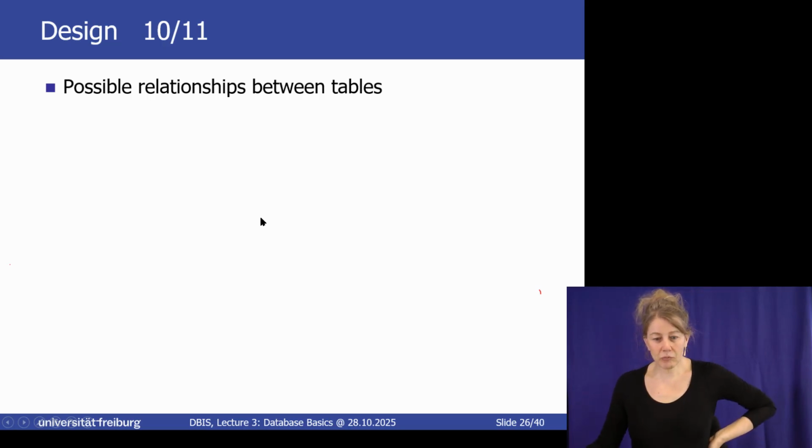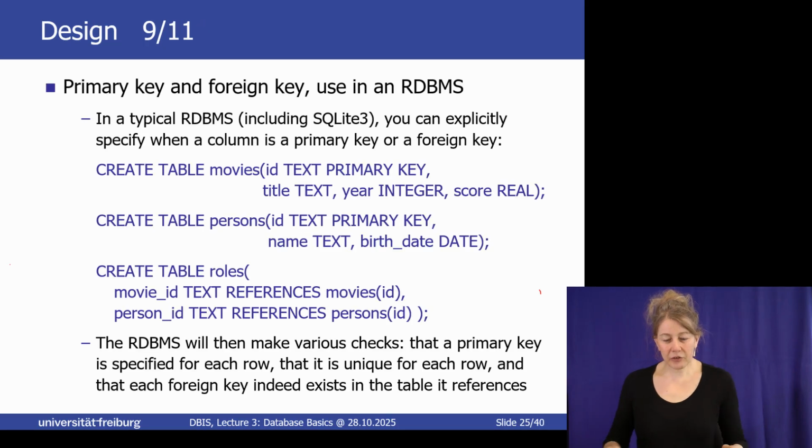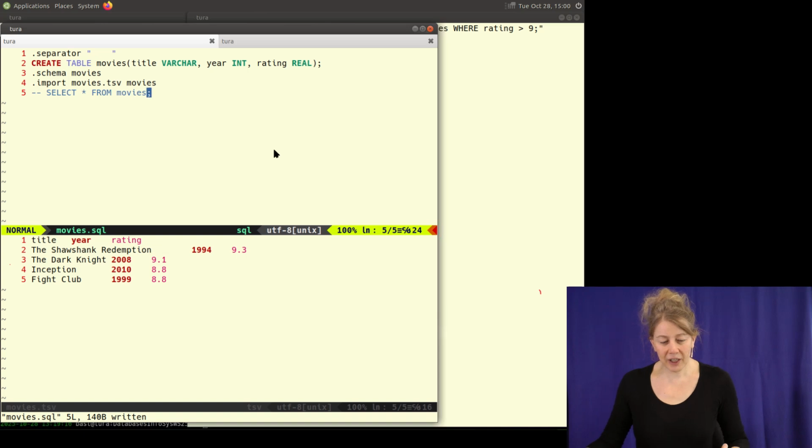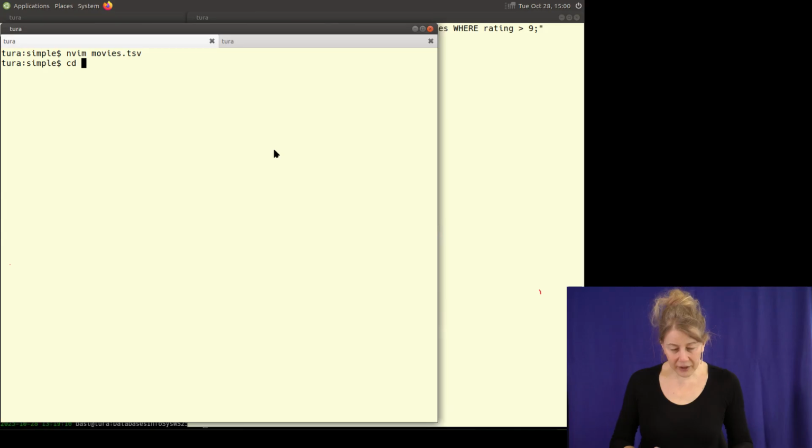Let's just do that together, and then 2 more slides, and then we have a break. So actually, what I did, I already entered these movies here. Let's have all the TSV files, and let's have a SQL file again at the top.